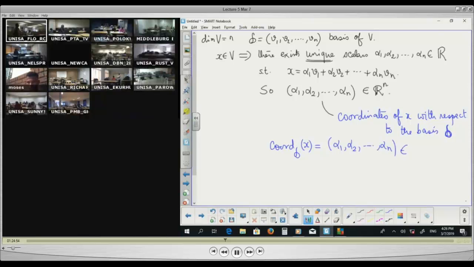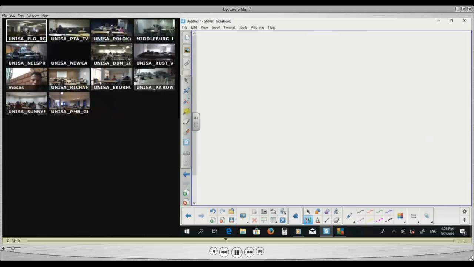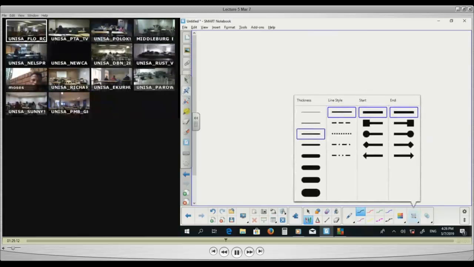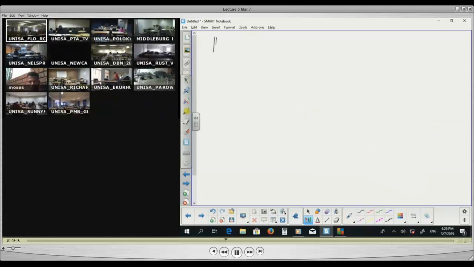Let's take an example. Let's look into R2, say. This is the basis. Is this also a basis? Before I do this, let me do this.